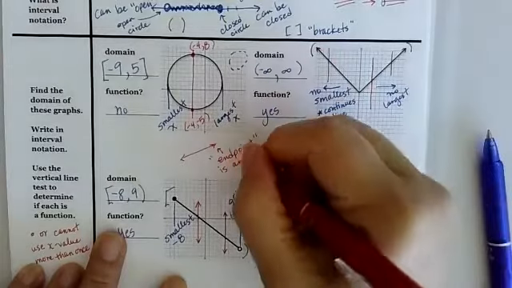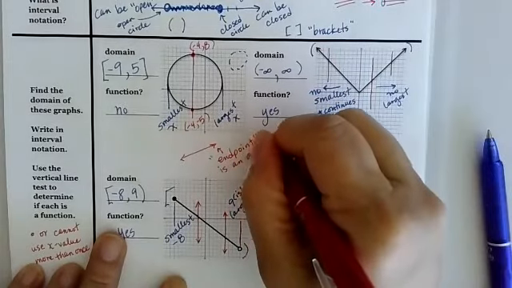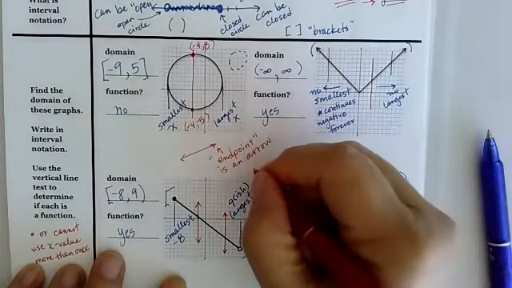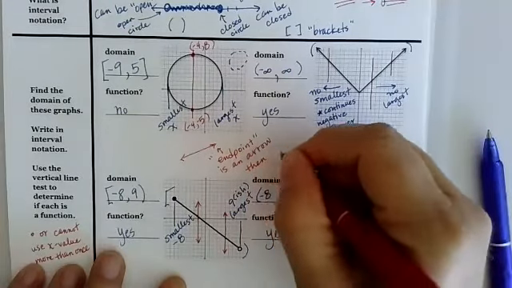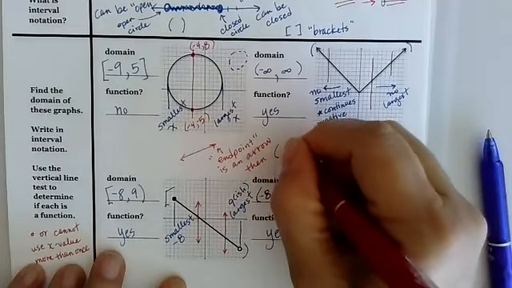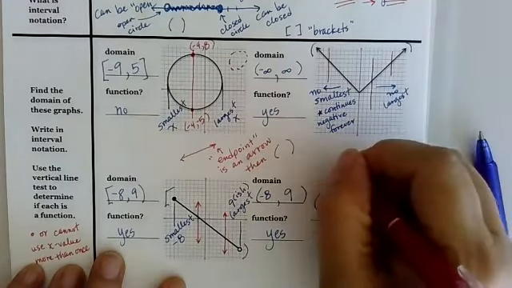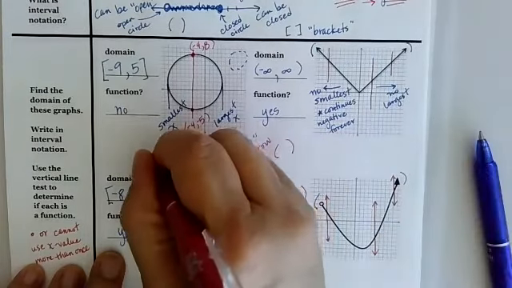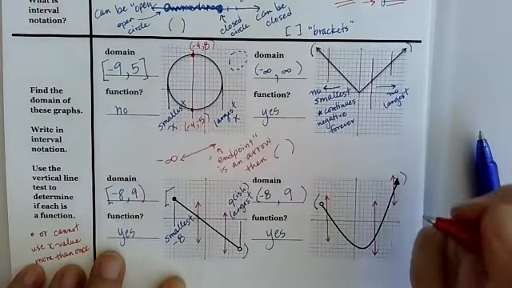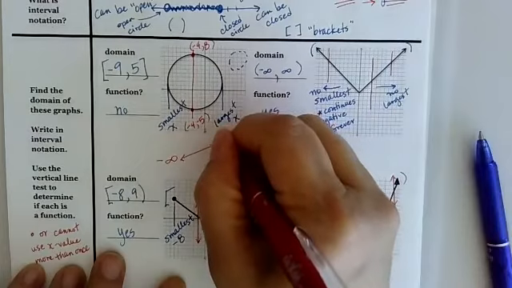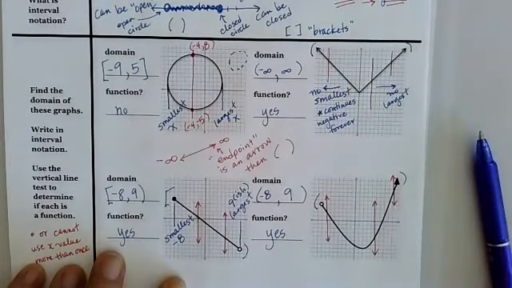Goodness me. Okay. 0. Then it's open. Okay. And we do differentiate between negative infinity and positive infinity, least to greatest.